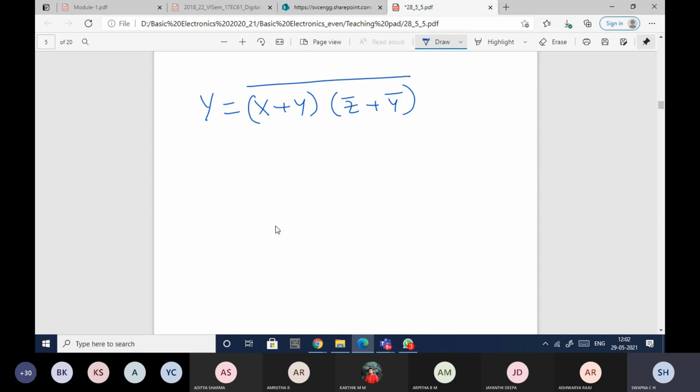You can implement this using NAND gates. All of you please try. Others please try.